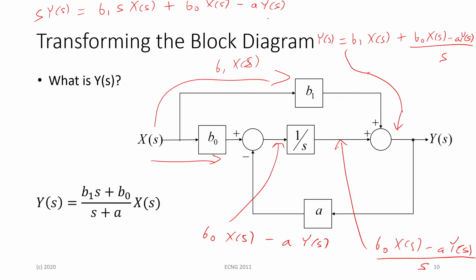Then let's carry across all the y components onto the left hand side and all the x components onto the right hand side and factorize it. So we get y of s into s plus a, because of this a y of s component being transferred across, is equal to x of s into b1 s plus b0.